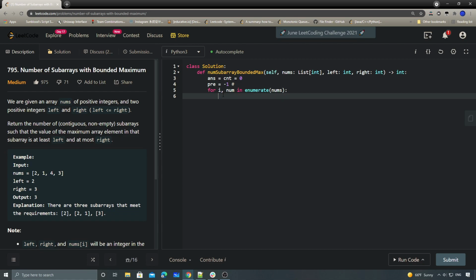So two cases. This is the happy path: if this number is within the range, then we know the count will be i minus pre, because in the end we'll be accumulating this count. Actually, we don't even need this count.